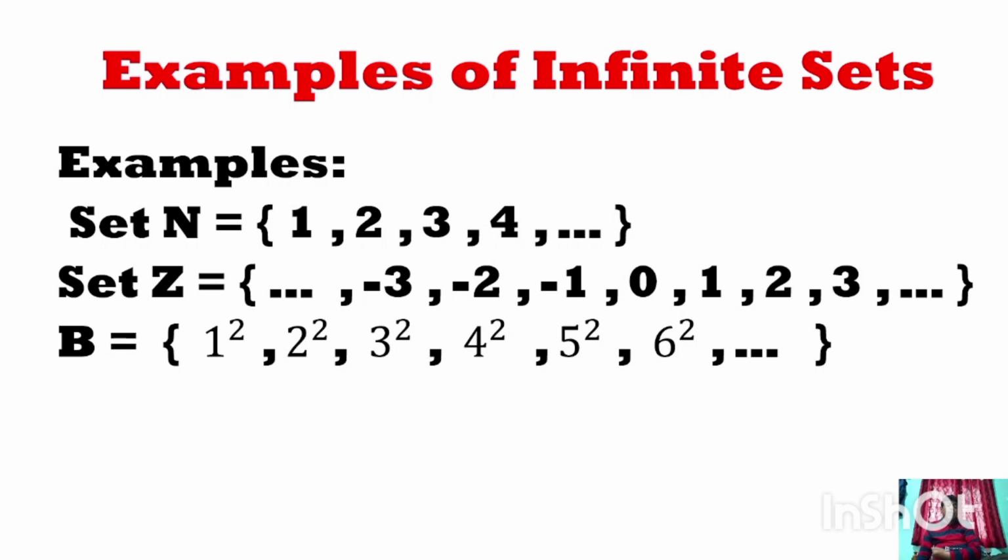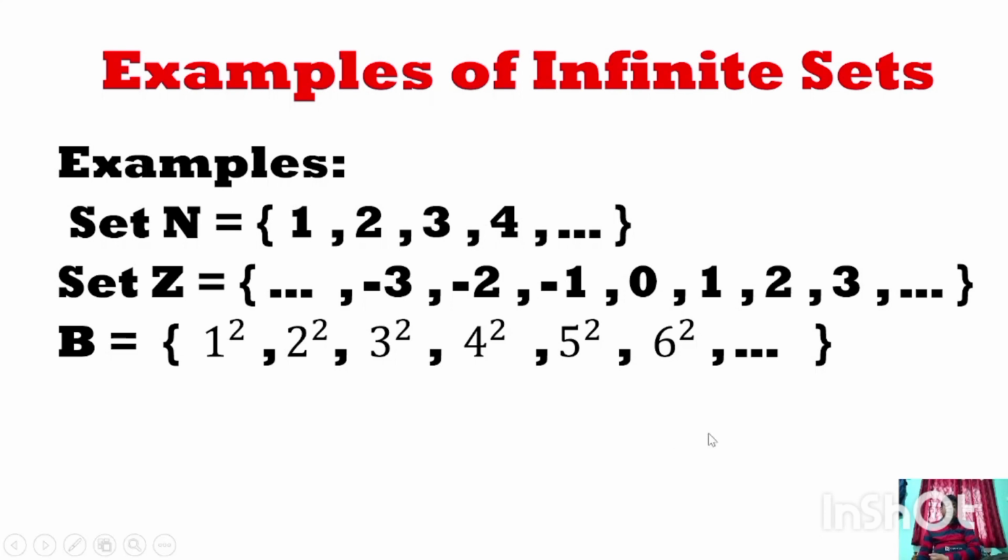They have an infinite number of elements. The elements are uncountable. We cannot count. If we try to count, the counting process will never end. We cannot say how many elements the set has. And the cardinality of the set cannot be determined.